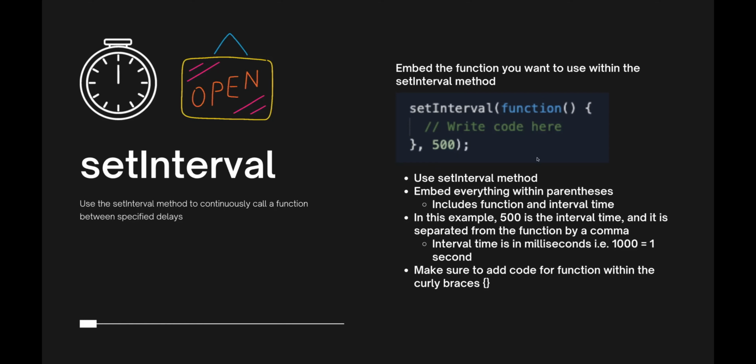Just keep in mind that this number is in milliseconds. For example, there's 1,000 milliseconds in 1 second, so keep that in mind when you're coding your setIntervals. And then all of that is encapsulated between the parentheses, as you can see here. Then don't forget your semicolon as well. And then the function, of course, is in curly brackets.